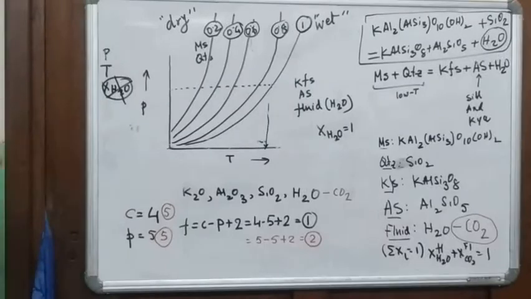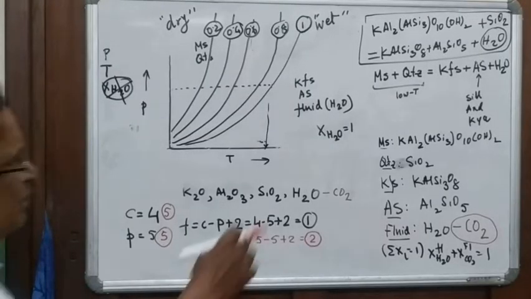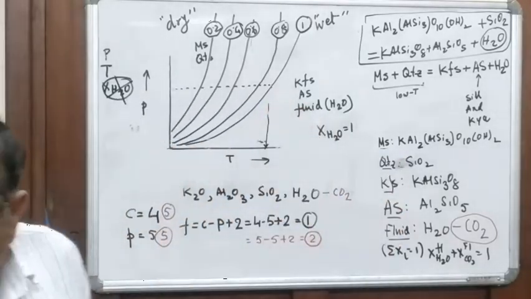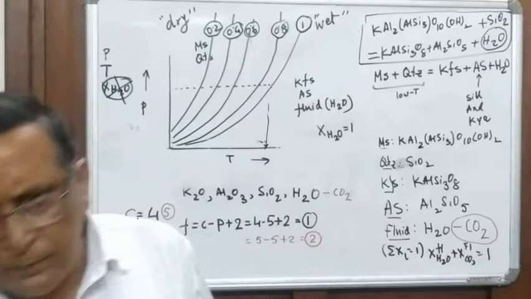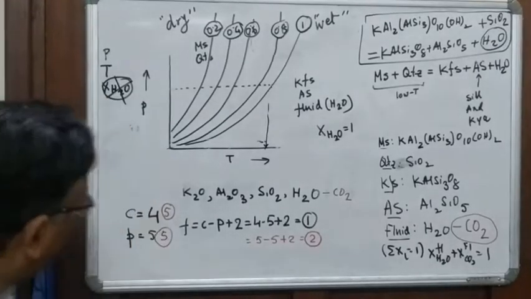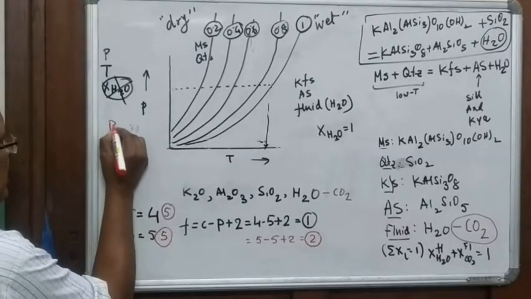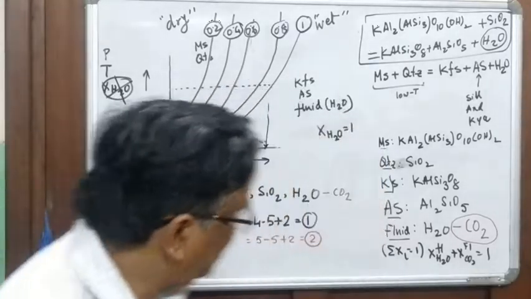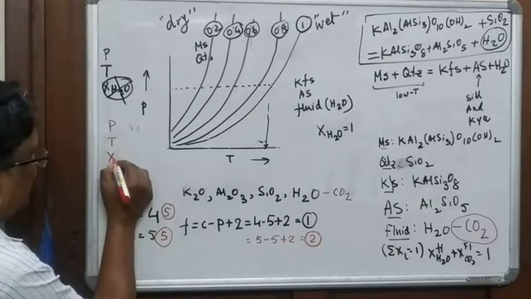Now, what are the variables? For muscovite, quartz, K-feldspar, aluminosilicate, no change. They are no solid solution. They are all pure phases. So the variables now are pressure, temperature, and now XH2O is a variable.